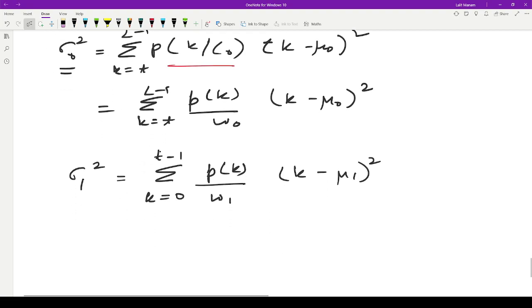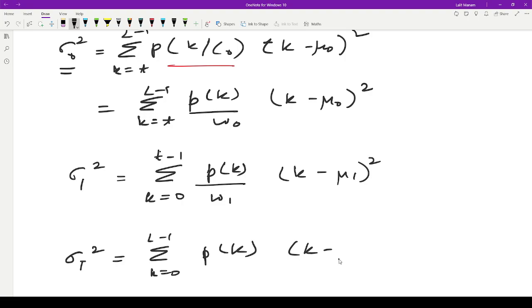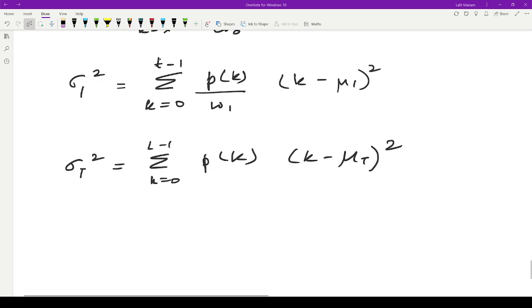And what is the total variance? It's just over all the intensity values, summation of pk into k minus mu t whole square. So this is the total variance.